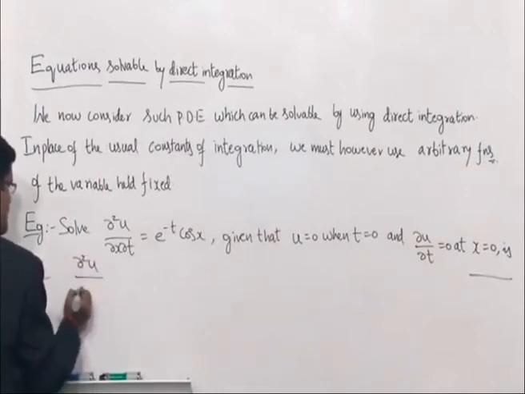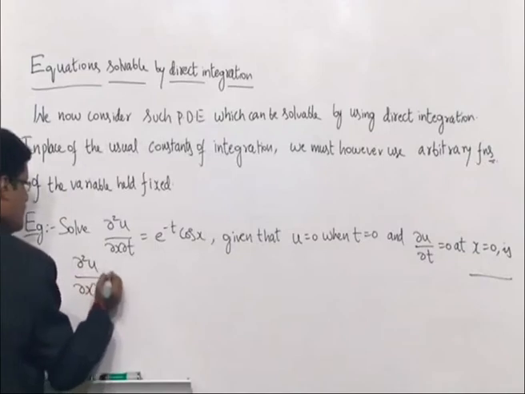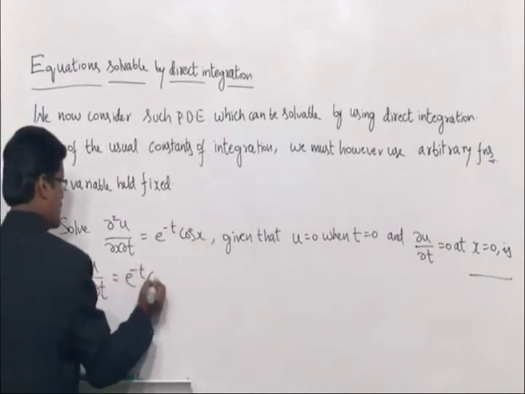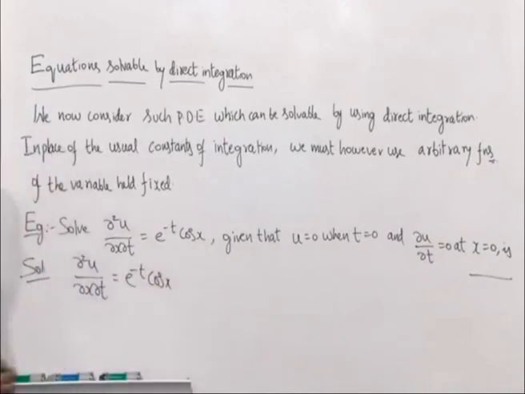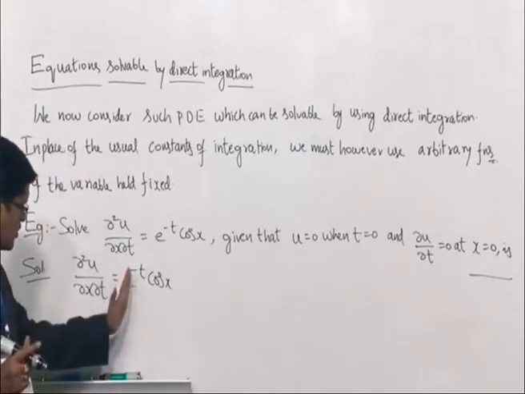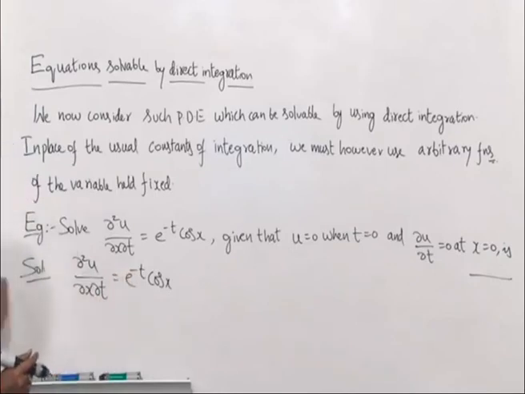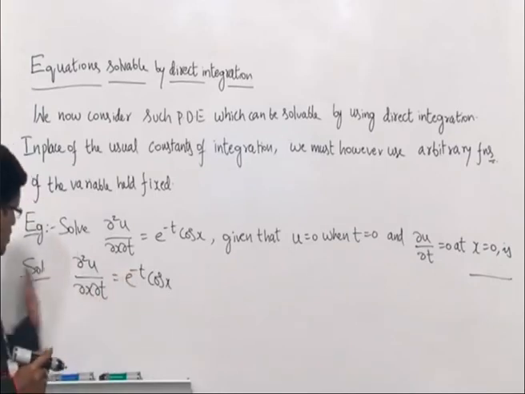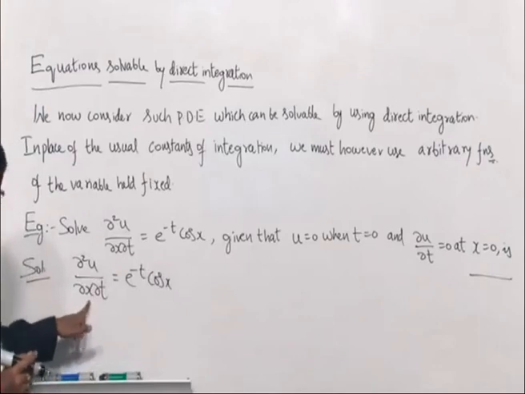∂²u/∂x∂t = e^(-t) cos x. So how to integrate? First integrate with respect to x. While finding derivatives, we go from last to first variable. Integration is the reverse process of differentiation, so first to last. What is first here? The denominator x variable. Then next integrate with respect to t.